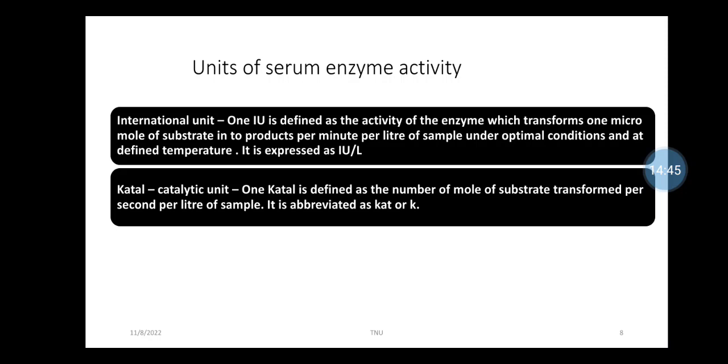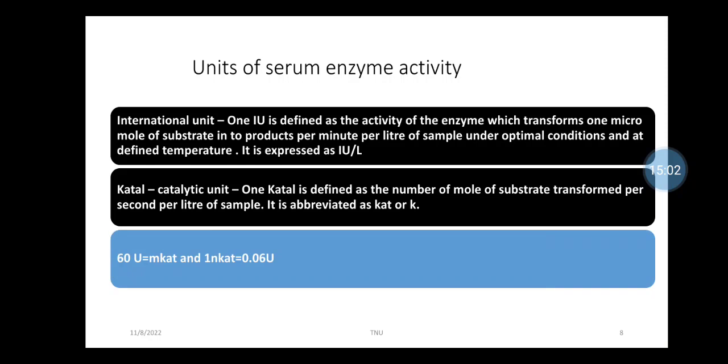So if we have 1 mole of substrate and we convert it into the product in 1 second, how much enzyme is required? That is considered 1 katal, and it is abbreviated as kat or small k.